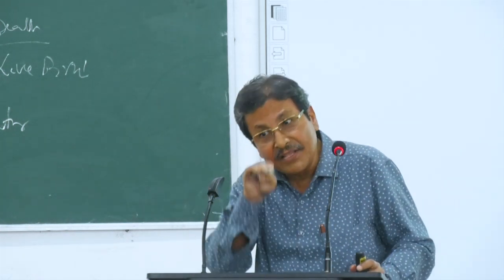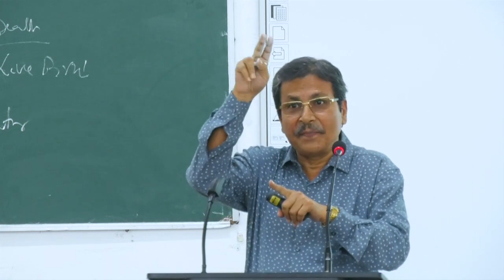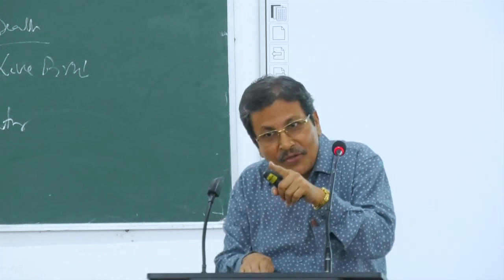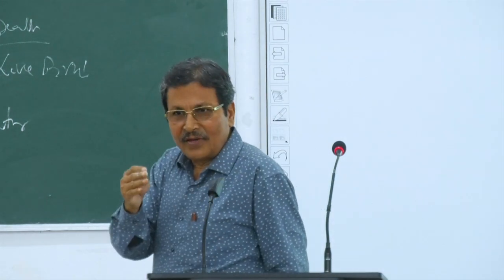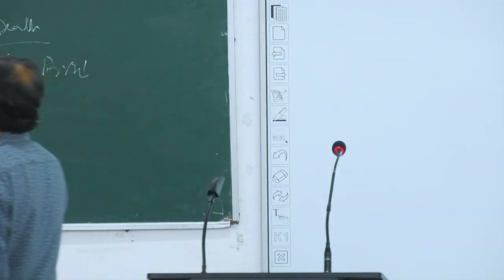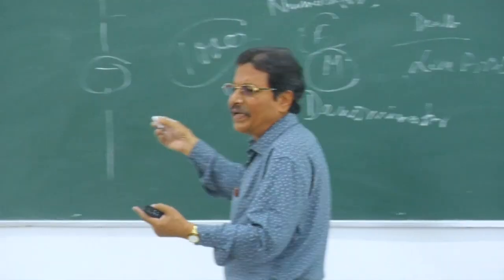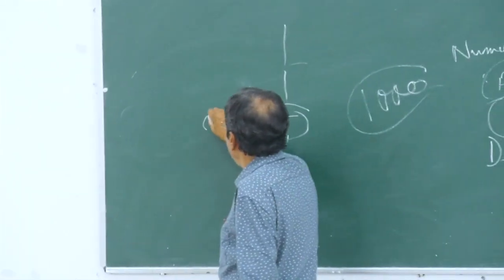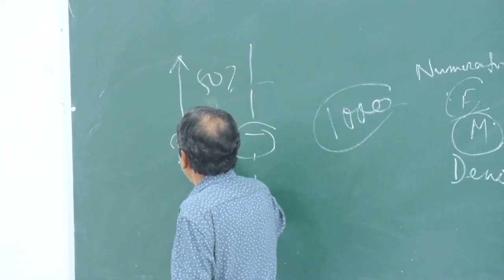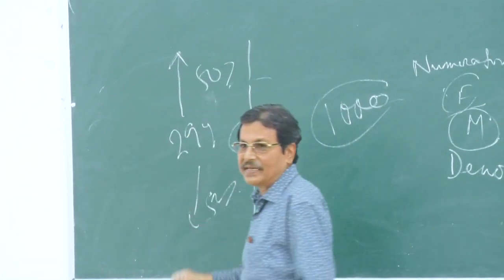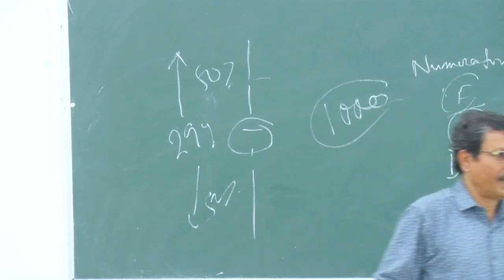Median age is that age of the population above which 50% population is there, below which 50% population. That means exact value of data, our median age of the population is 28 to 29. That means above 50% population is there, below 50% population.